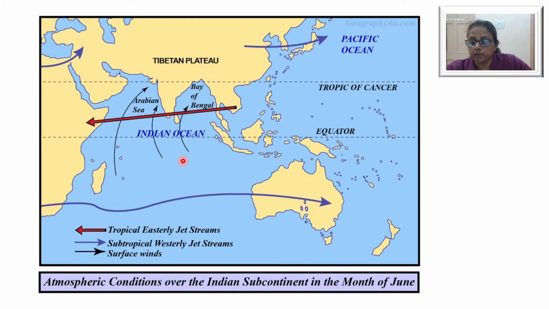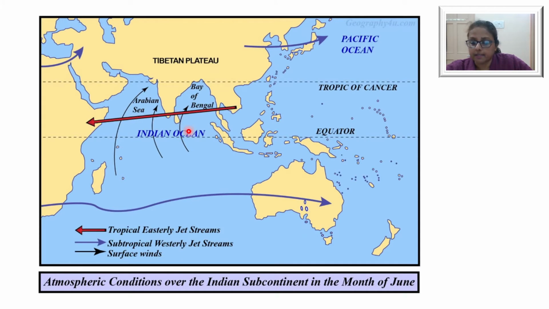The southeast trades of the southern hemisphere blow from the Australian high pressure and cross the equator and get deflected to the right. And this happens mainly due to the Coriolis force.